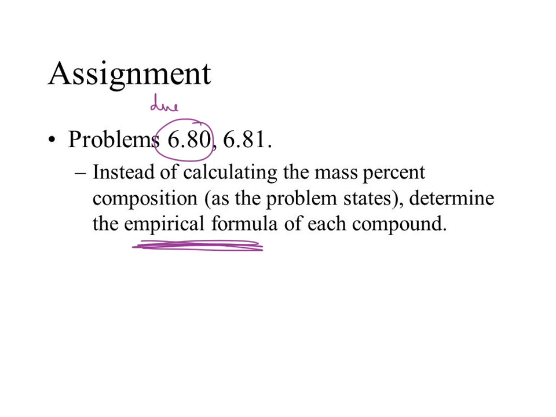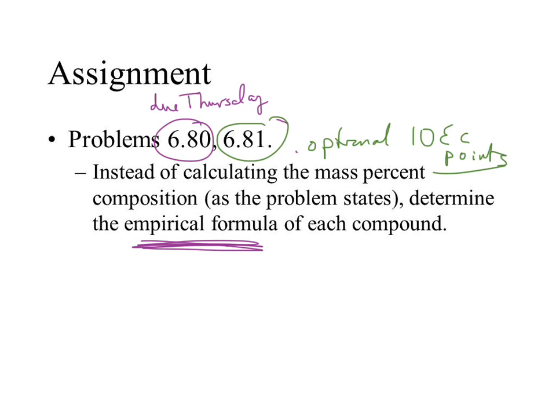This is due when you come to take your test. And this is optional, and it will be worth 10 extra credit points. Some of you guys need to sell your extra credit points on eBay. Okay, are there any questions about that? Okay, good.